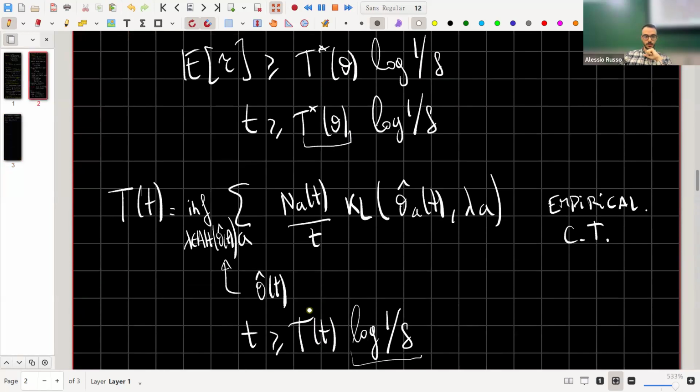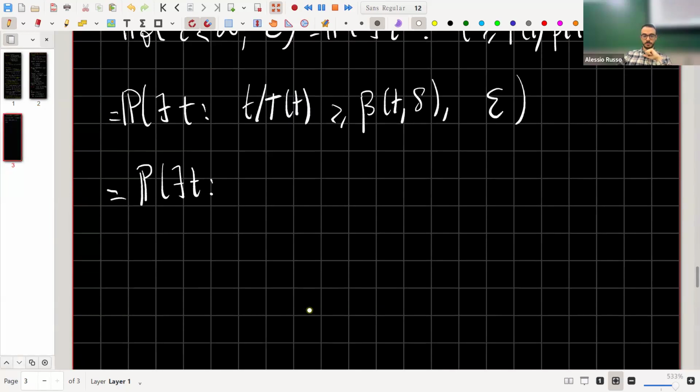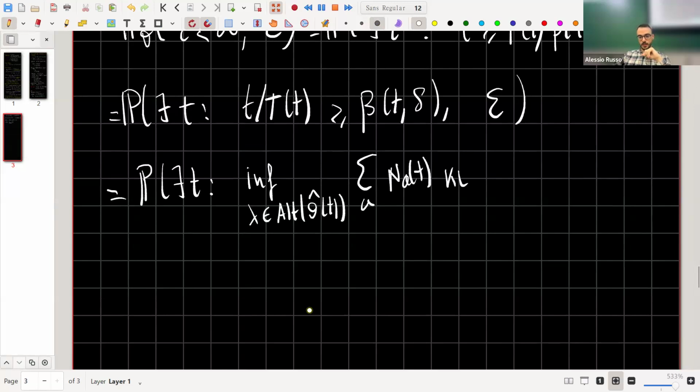It's this one, and here it's the inverse. When you multiply by t, this t will cancel out with the t that appears in the denominator. So we have the infimum over lambda that belongs to the set of alternative models of theta hat at t, sum over a of n at, KL of theta hat at lambda a, bigger than the threshold.